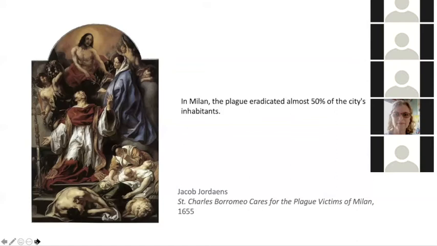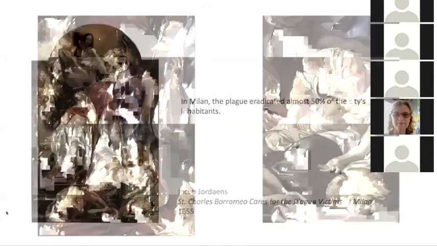So these were altarpieces that were created and put in churches to give a visual narrative. But Borromeo was very remarkable because, as I mentioned, he gave his own money. He really was a humanitarian. And so this altarpiece was commissioned in his honor.